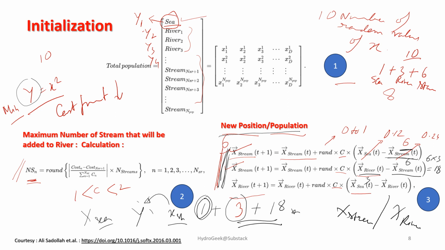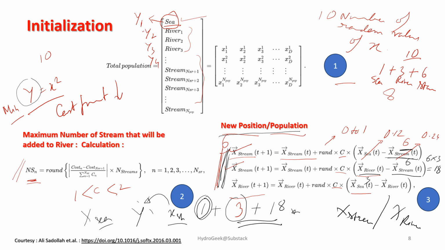This time there are 22 values, so 22 ranks will be given. The minimum value of y, the value of x for which we have the minimum value of y, that x value will be designated as C, followed by 3 values of x as rivers and the remaining as stream.